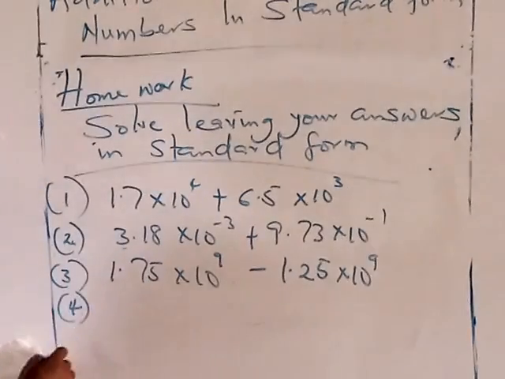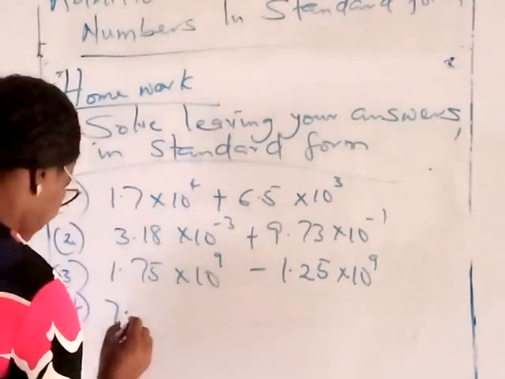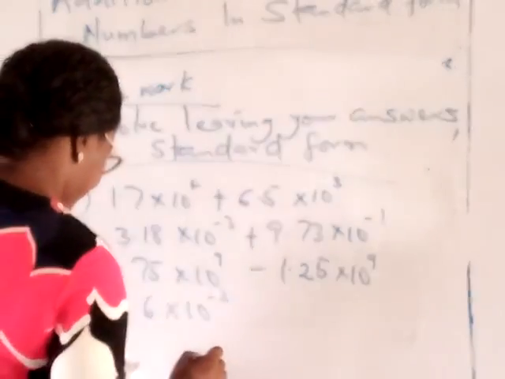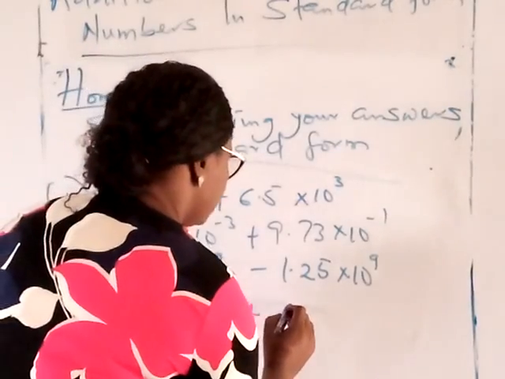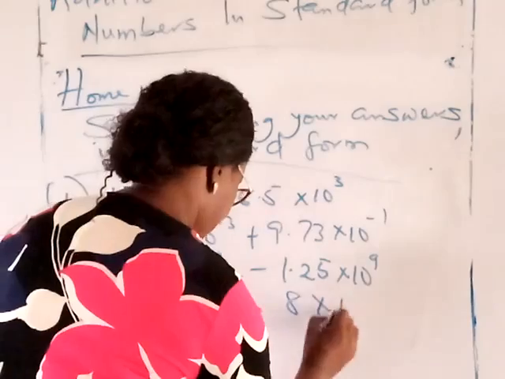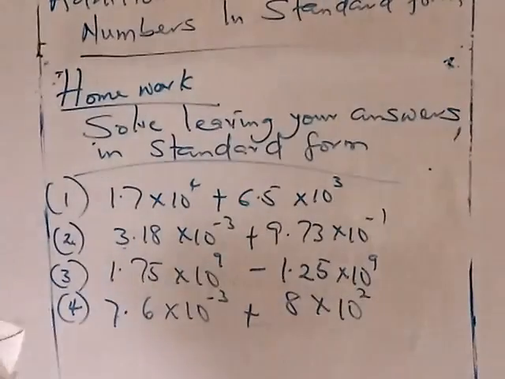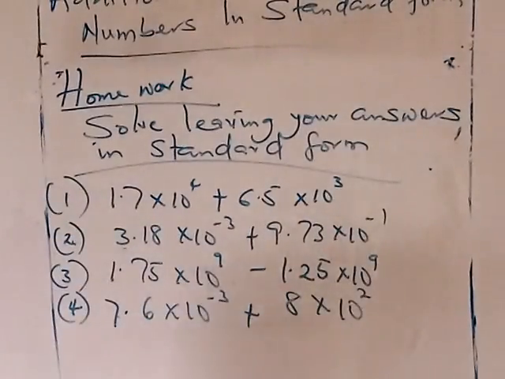Then the fourth one, let's say 7.6 times 10 raised to power minus 3 plus 8 times 10 raised to power 2. So I'll leave you to handle these 4 by yourself, and we'll take it up from there next lesson.